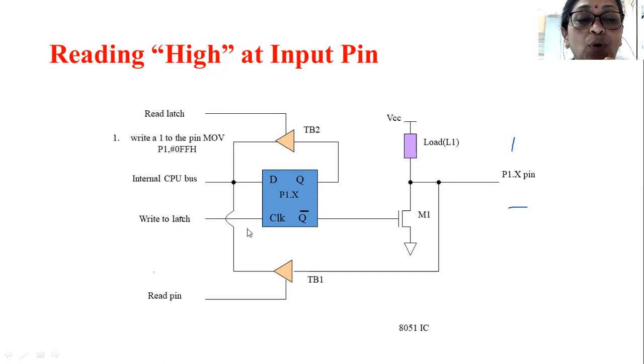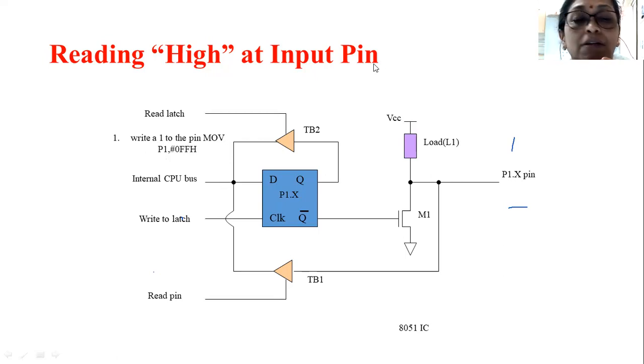If you want to read high from the port pin, what you have to do is write 1 to the pin. So here you have to write 1. If you want to write 1 to this particular pin, you have to write this instruction.